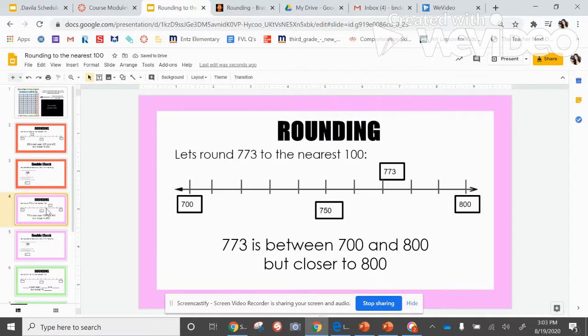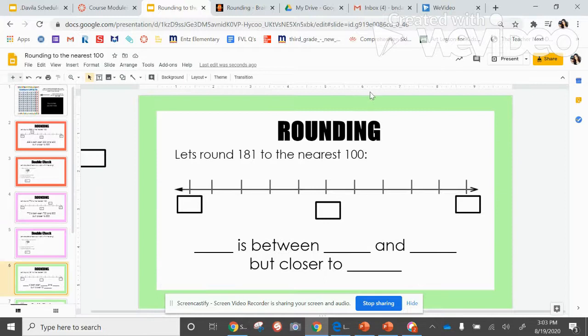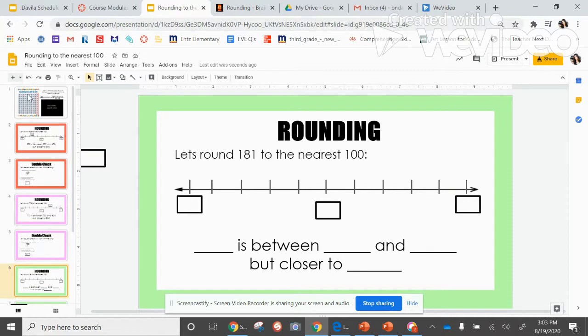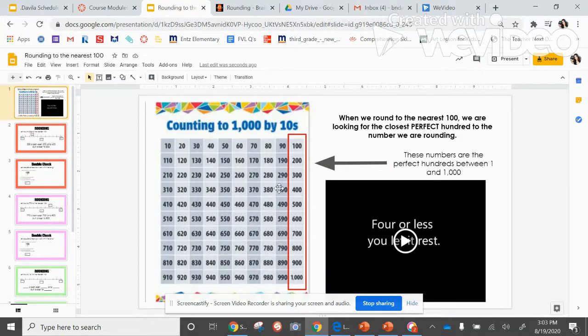Did I get the same answer? I sure did. Okay, let's do one more. I am rounding 181 to the nearest 100. I know that 181 is very close to 180. So if I look up here, 180 is right there.